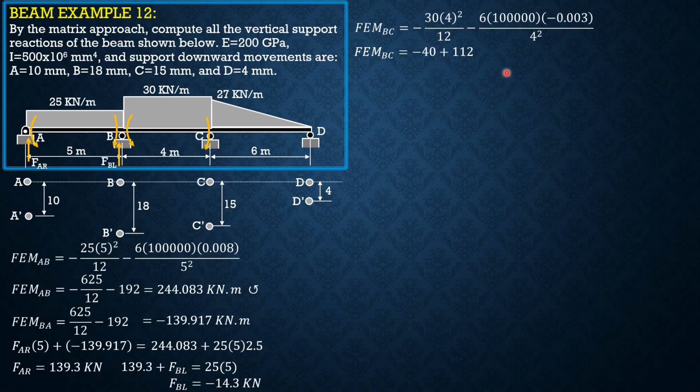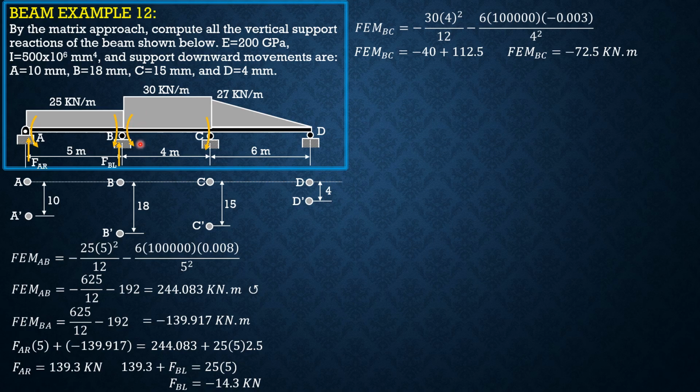So it is negative 40 plus 112.5. The result is positive. So fixed moment BC is negative 72.5? The result is positive 72.5.